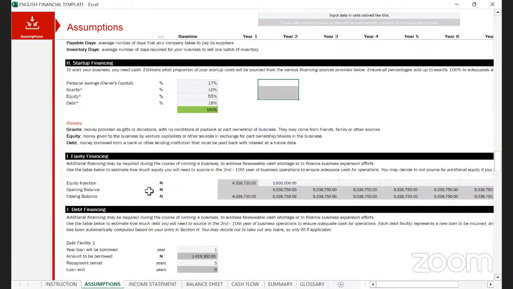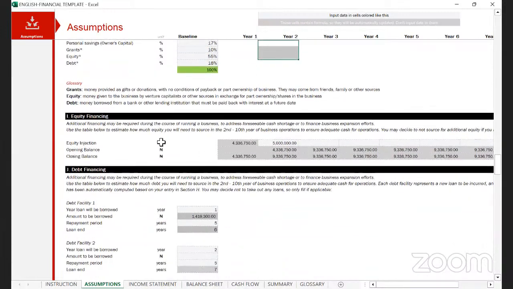And then the last two sections, equity financing: typically you might not need to fill this section, but based on what you filled here as the equity you need, it has computed the equity injection. If you notice, if I change this number, it will change.